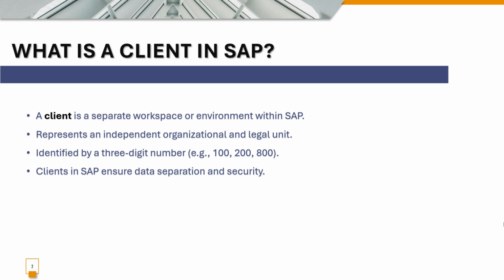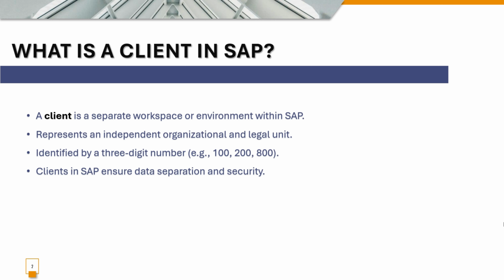A client is also an organizational and legal unit in SAP. It is identified by a unique 3-digit number such as 100, 200 or 800. This structure helps ensure that the data remains secure and separated between the clients. For example, if one client stores the customer data, another client cannot access or modify it.